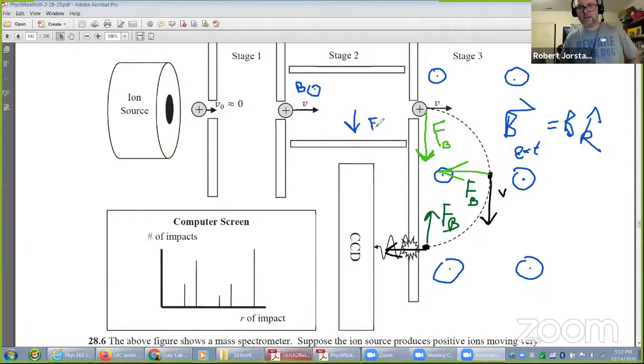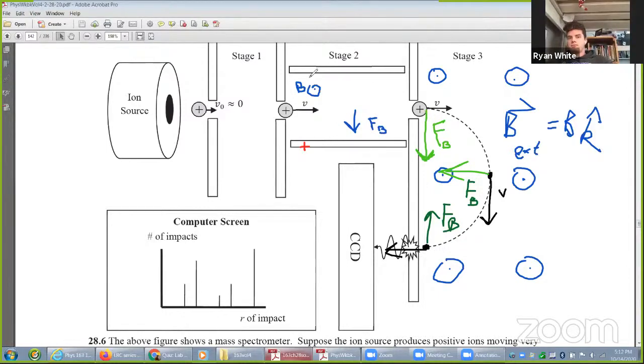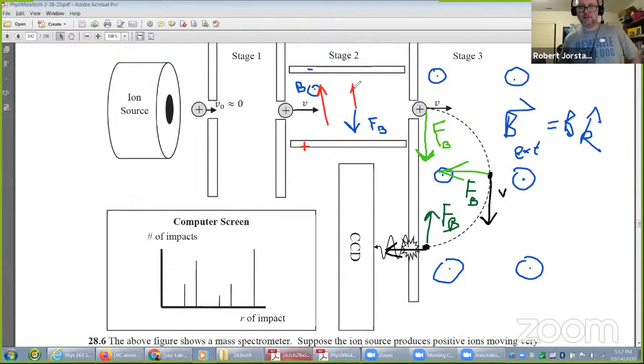So then which plate do we need to have be the positive plate? The bottom. Exactly. If I put plus charge here and a minus charge up here, that sets up an electric field up, which sets up an electric force up. And so we see this is pretty similar to what we just worked through.